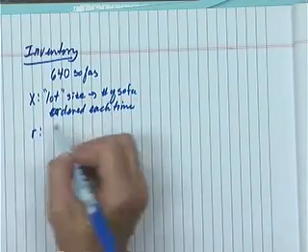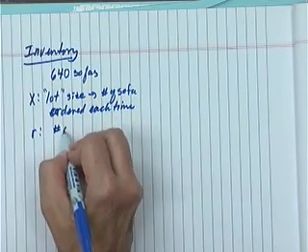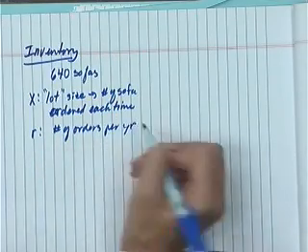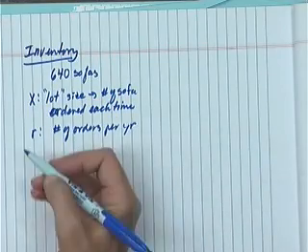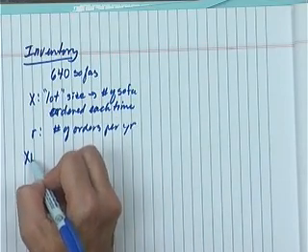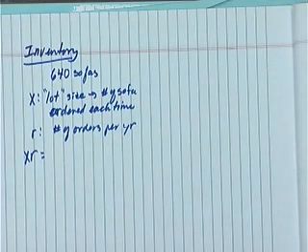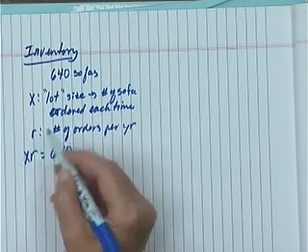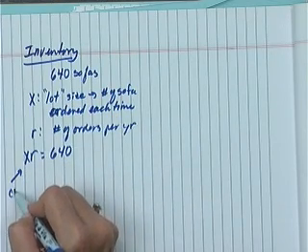And then we use R to represent the number of orders per year. So you tell me what X times R is equal to. The lot size times the number of orders per year should equal 640, right? This is my constraint.